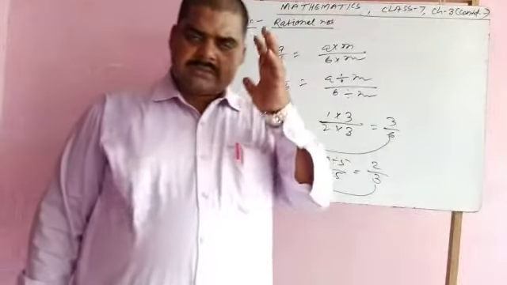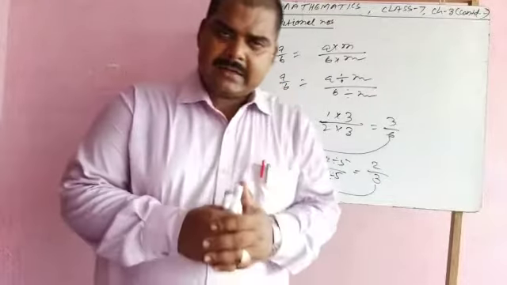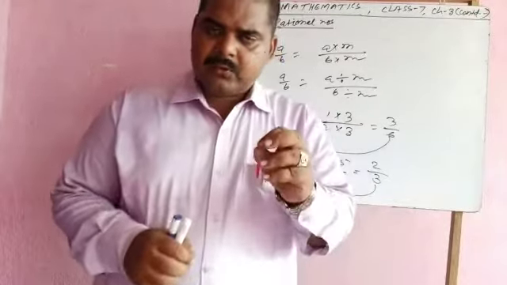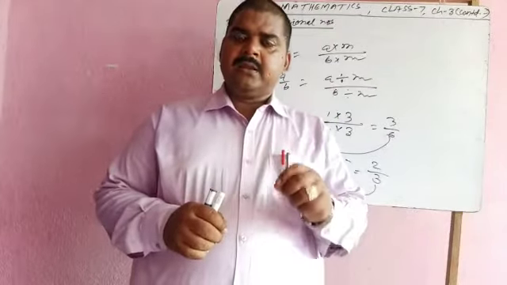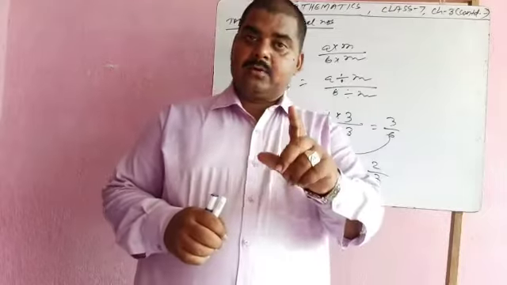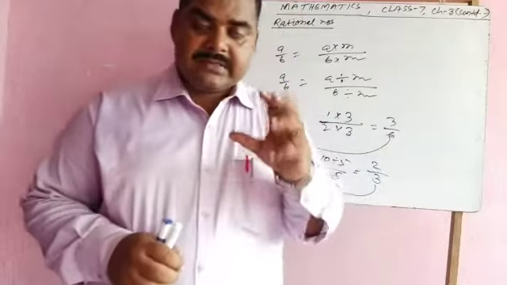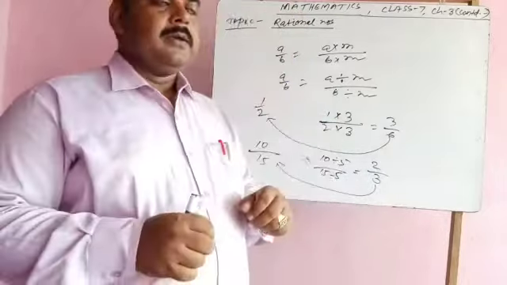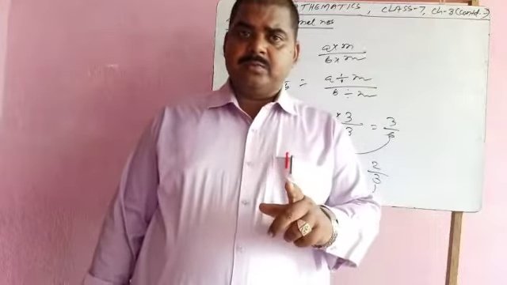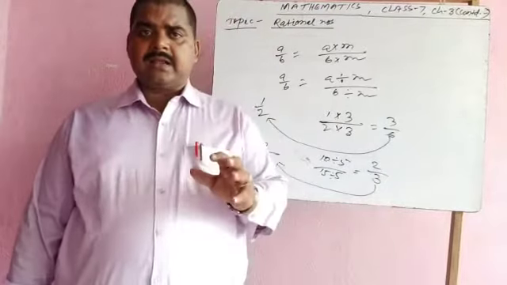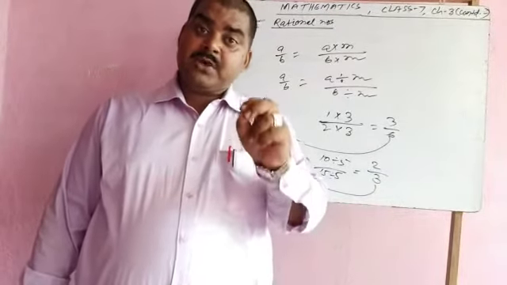So you have to keep in mind that when a rational number has been given, you multiply its numerator and denominator by any constant number. Here the word constant is used. This is because if you multiply the numerator by 2 and the denominator by 3, then the result cannot be equal, because 2 and 3 are different numbers. This is why you have to multiply its numerator and denominator by the same number.